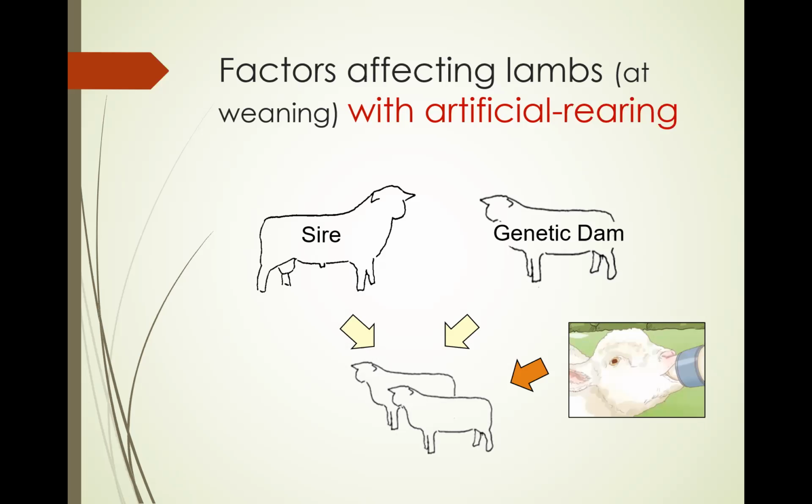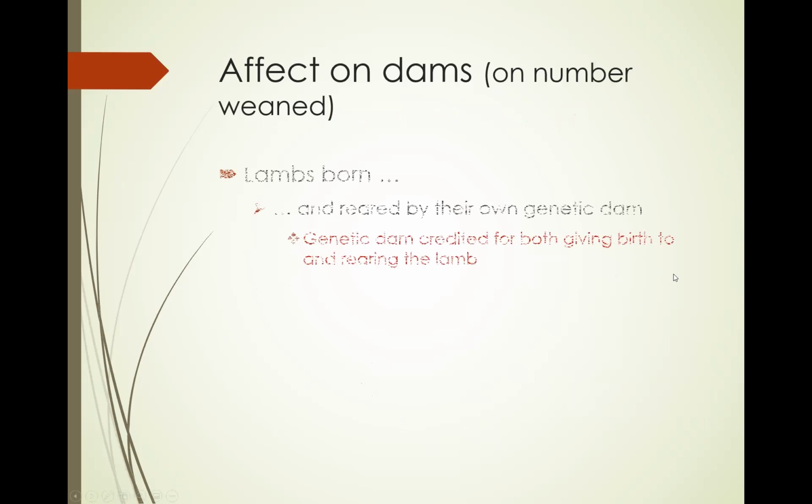So those are the impacts we're trying to build in, looking at factors affecting the lamb at weaning time. But it gets a little bit broader than that, because there are also effects on the dam or the ewe, and those are really being manifest in terms of the numbers of lambs she is accredited for at weaning time.